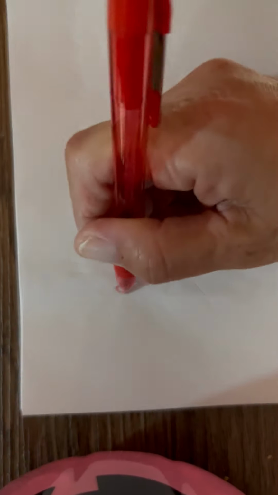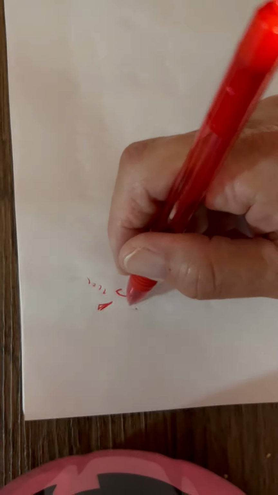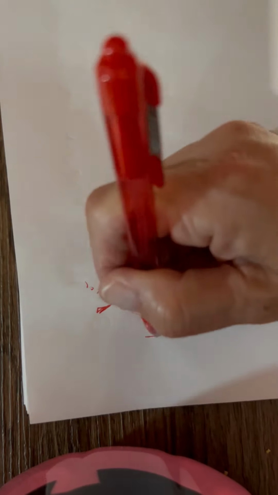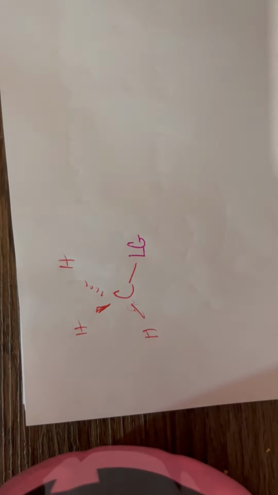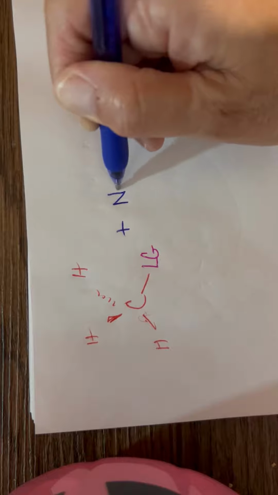So when we're looking at an SN2, just to kind of refresh our memories, we have a substrate, and we have a leaving group here, my leaving group in pink, and I'm just going to turn these into hydrogens just for this moment, plus a nucleophile, right?